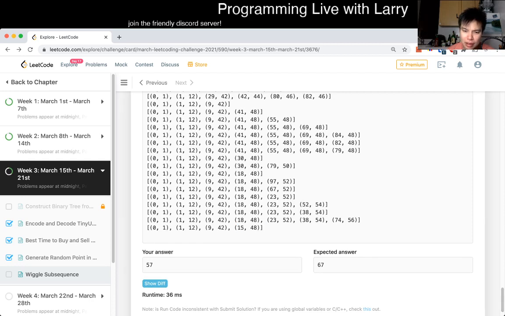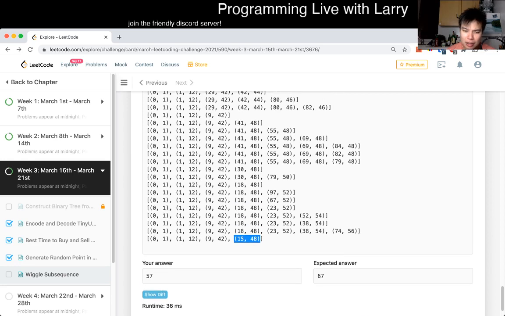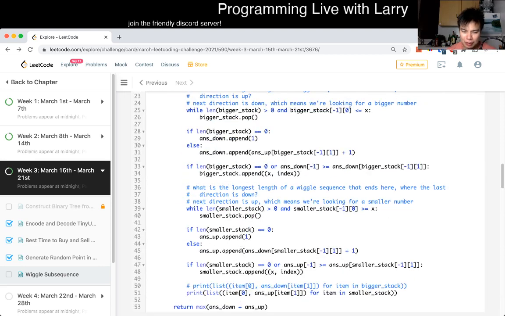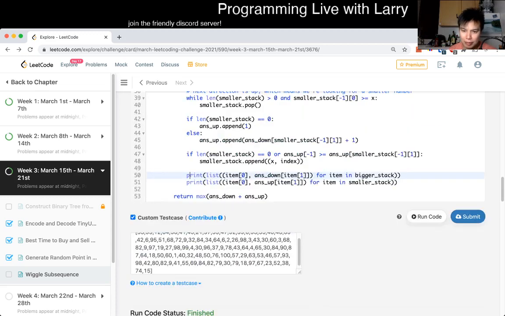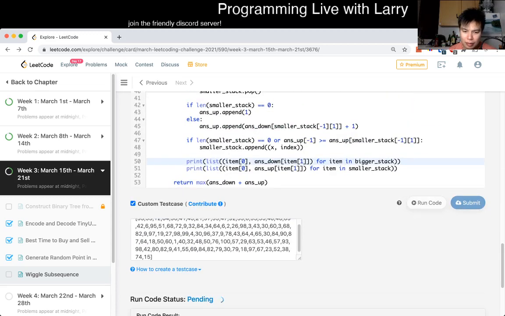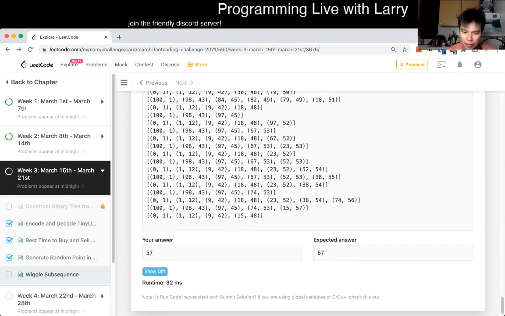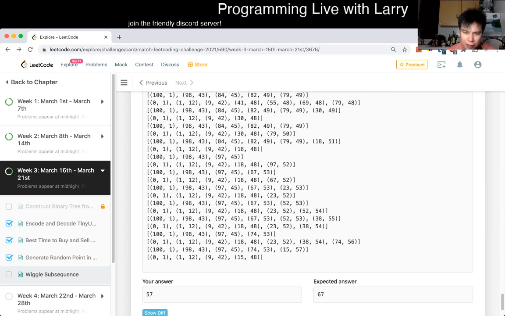Suppose this is 15. How does this even work? I guess let's print out both, maybe. What does this tag represent anymore? Oh yeah, these are just numbers.